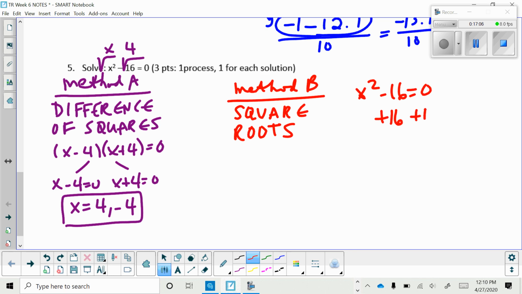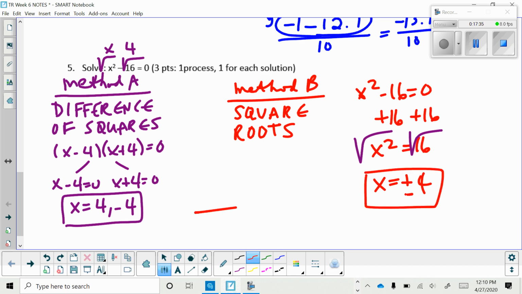You add 16 to both sides. X squared equals 16. You square root. And you kind of get x equals 4, but remember when you're square rooting something, there's two versions. Plus version, because plus 4 times plus 4 is positive 16, and a negative version, because negative 4 times negative 4 is positive 16. So either way, you get positive 4 and negative 4. You can do difference of squares or square roots.